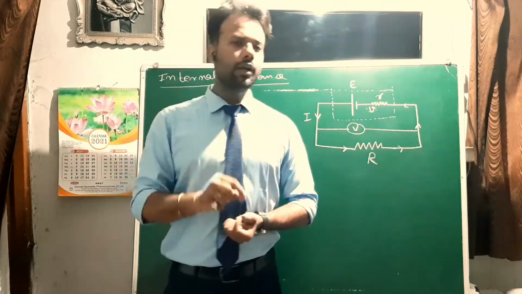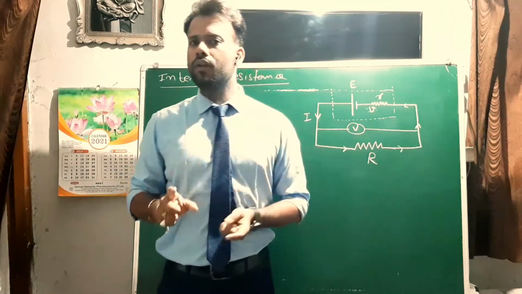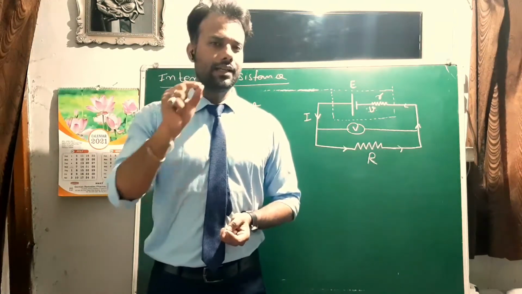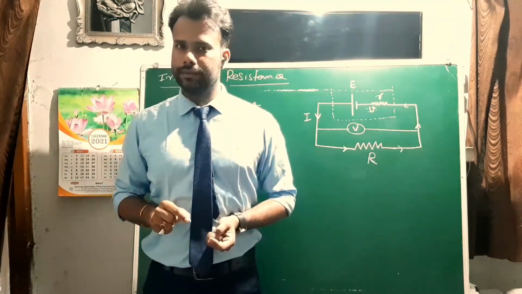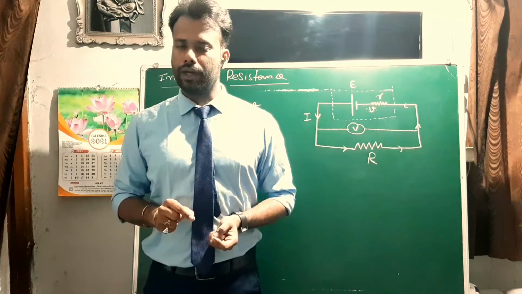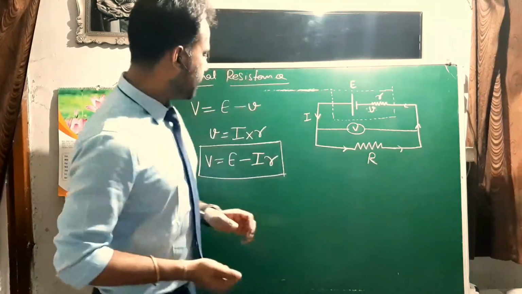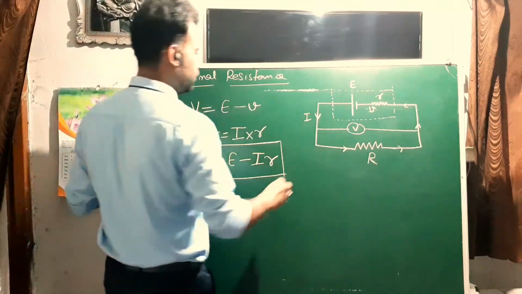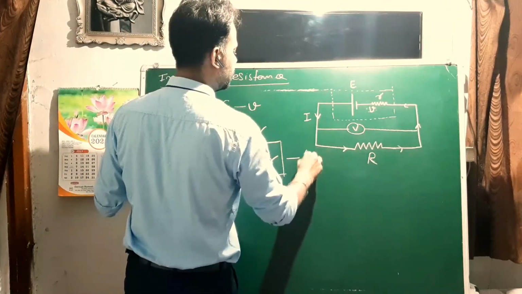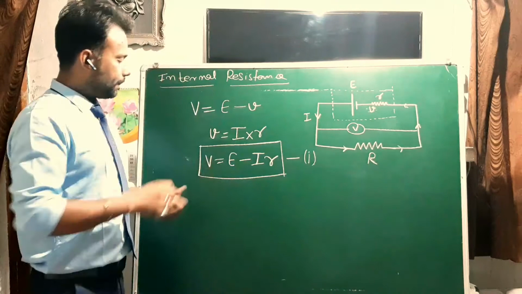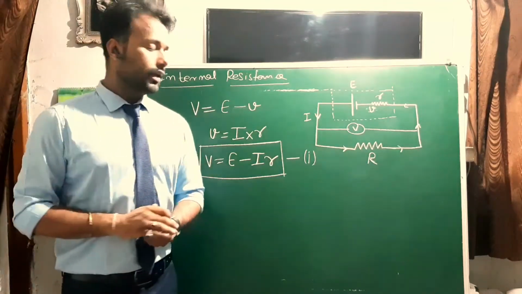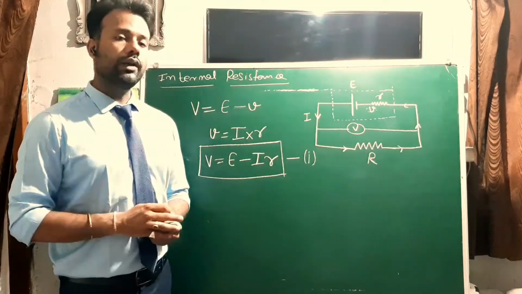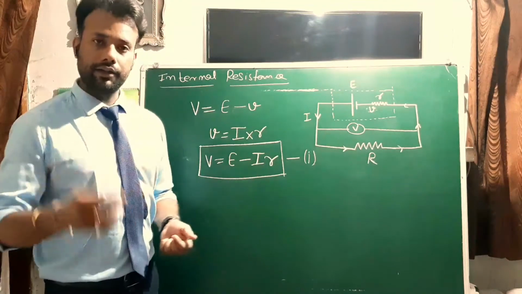So the terminal potential of the cell is always less than the actual EMF of the cell, right? And it is decreased by the factor Ir. So this is our first expression to find out the voltage and internal resistance. From here we can find the internal resistance also.